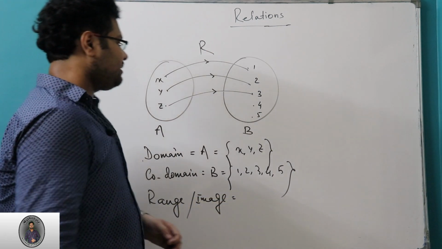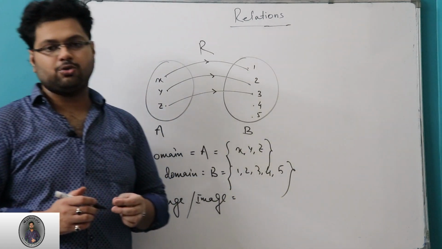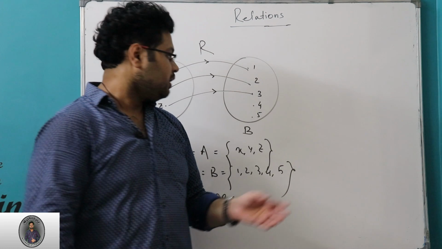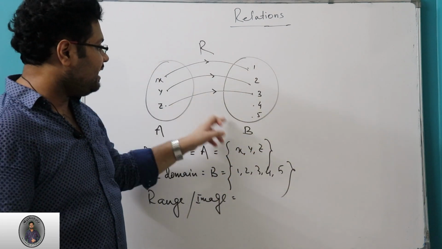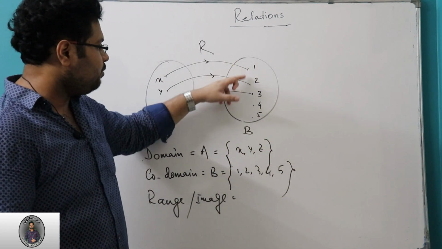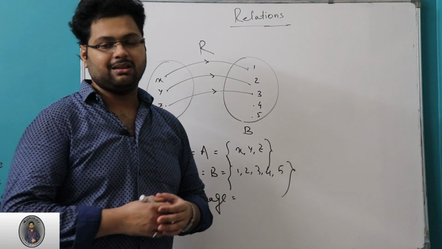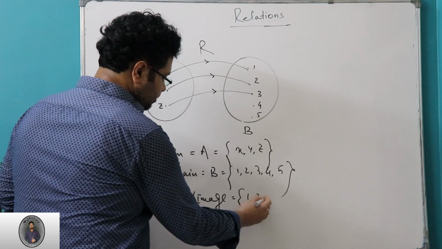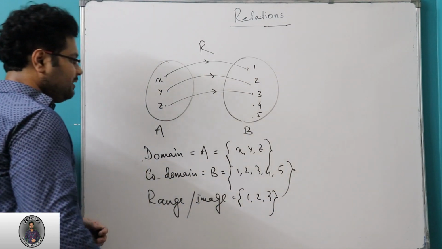Image set means we have to take only those elements which participated in that relation process. So in that relation process, see, from the elements 1, 2, 3, 4, 5, only 1, 2 and 3 are participating in that process. So that set {1, 2, 3} will be the range.